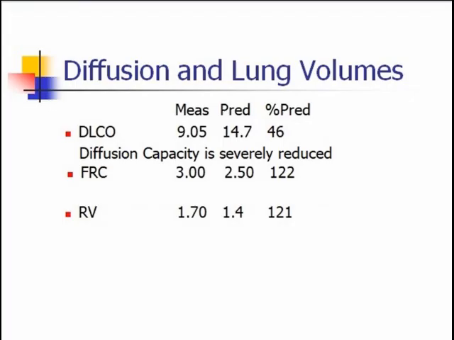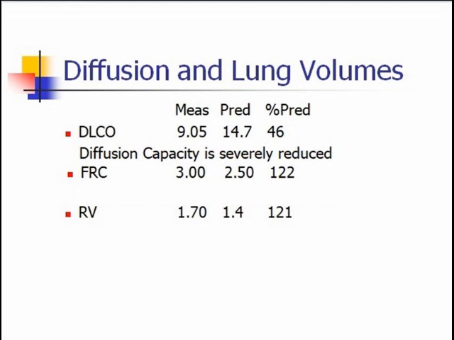Of course, the DLCO at 46% of normal is low. The diffusion capacity would be rated as severely reduced. Anything with a diffusion capacity of less than 80% indicates an abnormal condition.